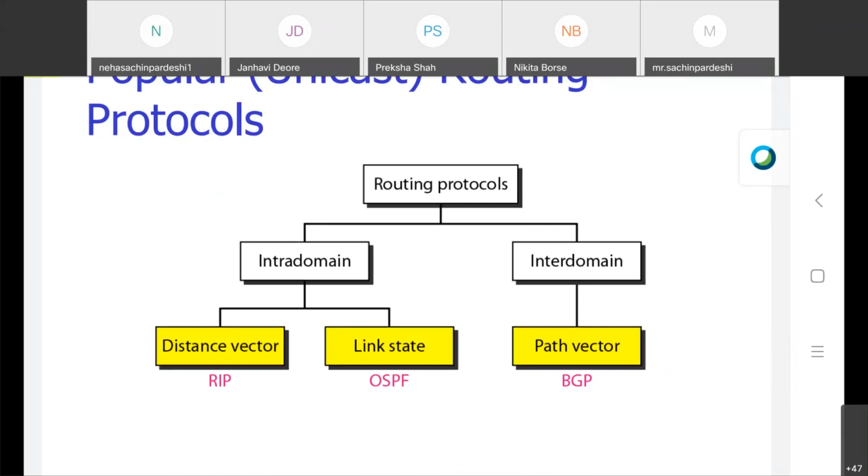BGP protocol is not in your syllabus. So I will cover intra-domain routing protocols, distance vector and link state, as well as TCP and UDP. So in the next coming 3 lectures, I will cover this part: IP, link state, OSPF, TCP, UDP.